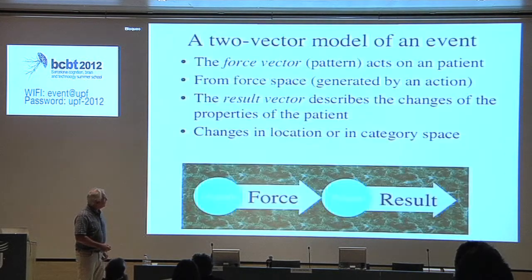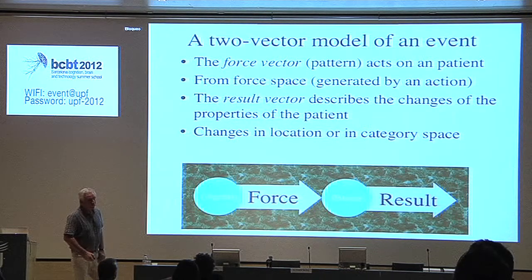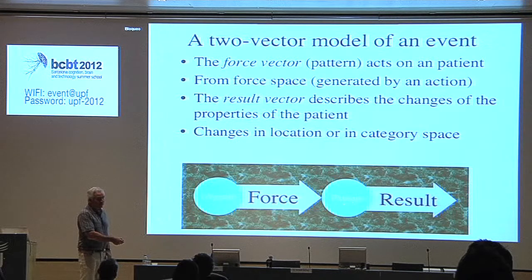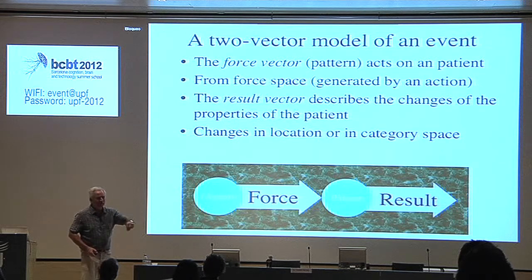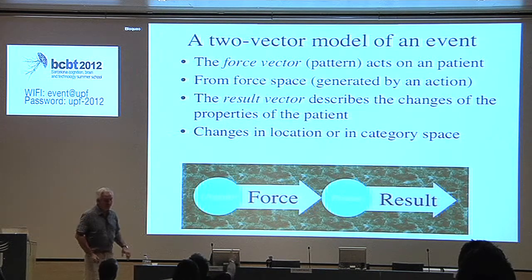I mean, it's just that I allow the force vectors and the result vectors to be null. Yeah, but you also said we might not have an agent. No, sure. But there is always a patient, and there is always a result, even if the result is just that things stay as they are. Then it's fair to say an event is a patient.